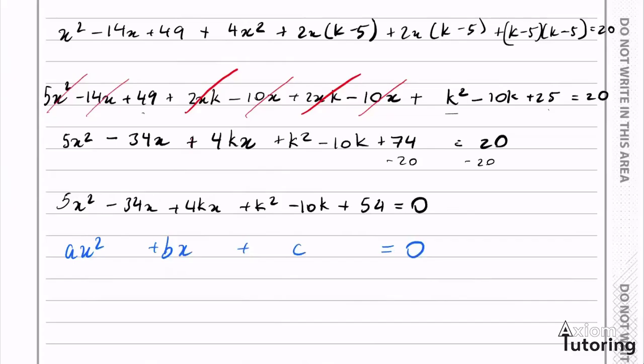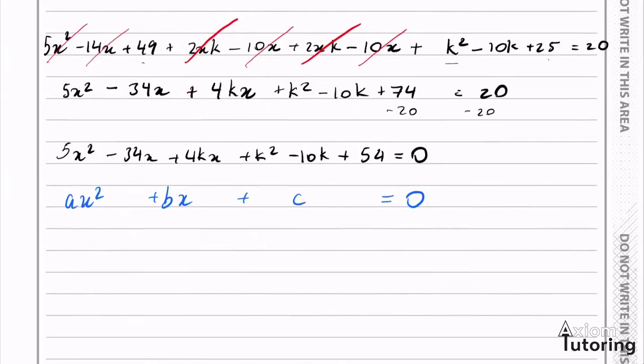And because this quadratic came from substituting the equation of a straight line which lies at a tangent to our circle, then if you remember when we were learning about quadratic graphs and parabolas, we like to look at the discriminant of the quadratic, which is b squared minus 4ac.